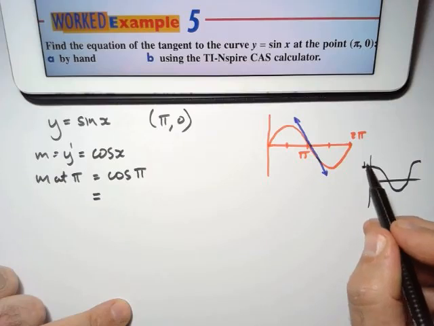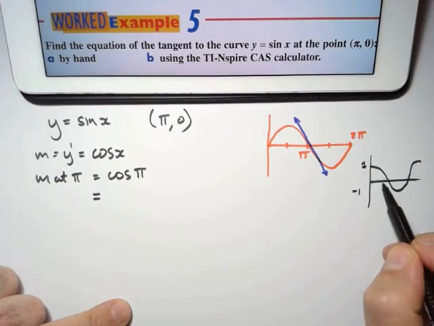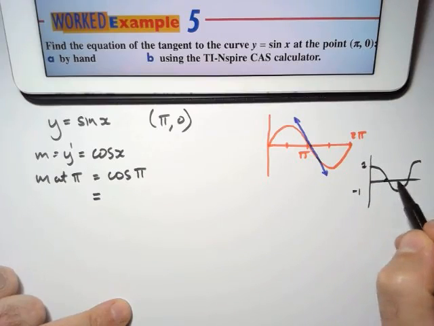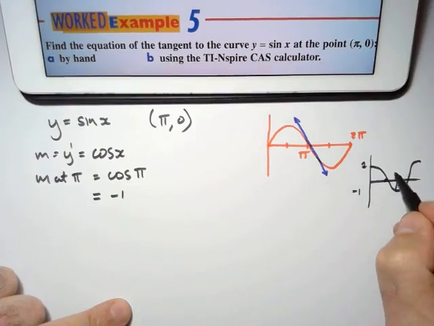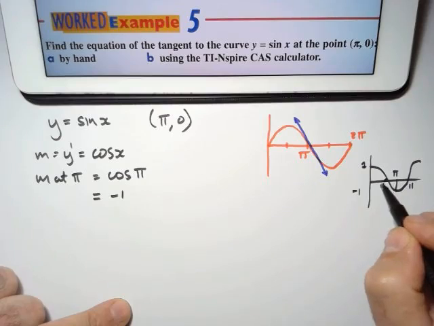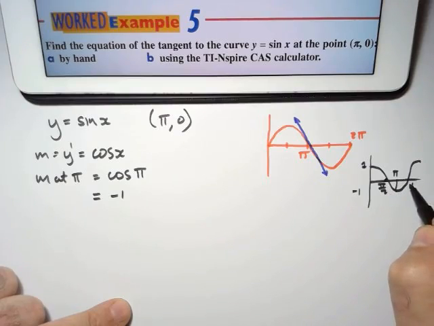1, negative 1, this is 90, this is pi over 2, this is pi, that's 3 pi over 2, and that's 2 pi.